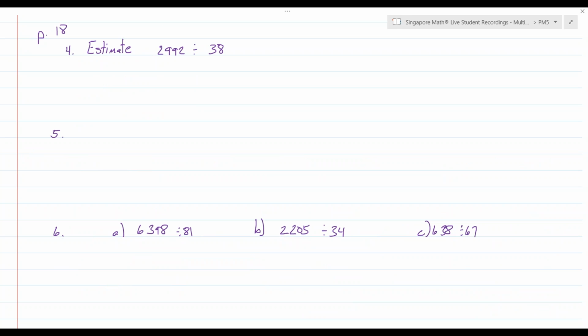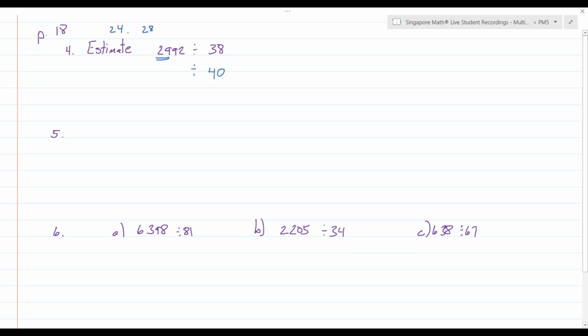2,992 divided by 38, really the first thing to realize is I'm going to divide by 40. That would be the best estimation. Now, if I want this to go in evenly, I need to think of the multiples of 4 that are close to 2,900.